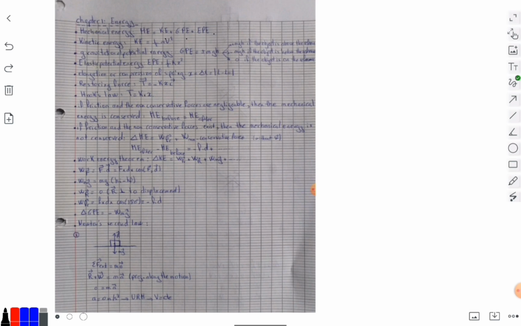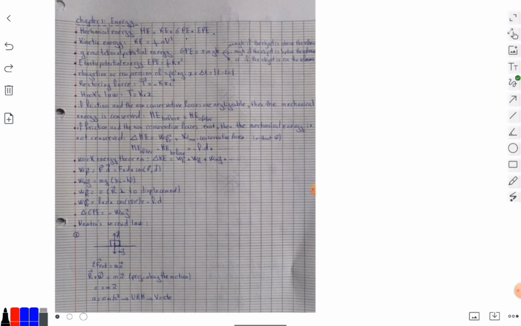Elastic potential energy EPE equals half kx squared. Elongation or compression of spring x equals delta L equals L minus L0 in absolute value. Restoring force T vector equals minus kx i. Hooke's law: T equals k times x.